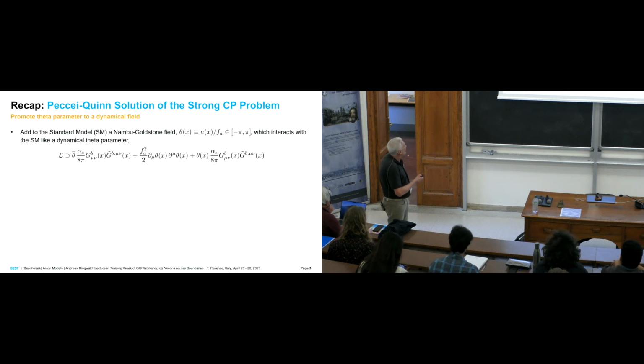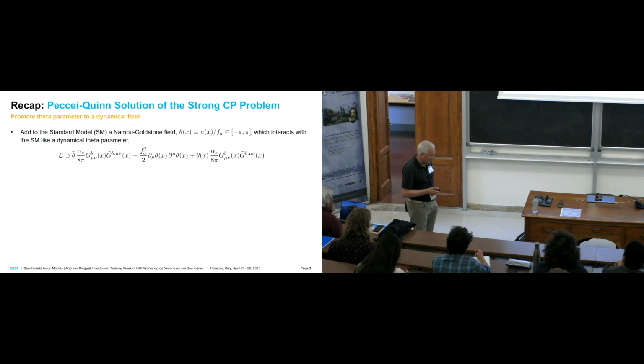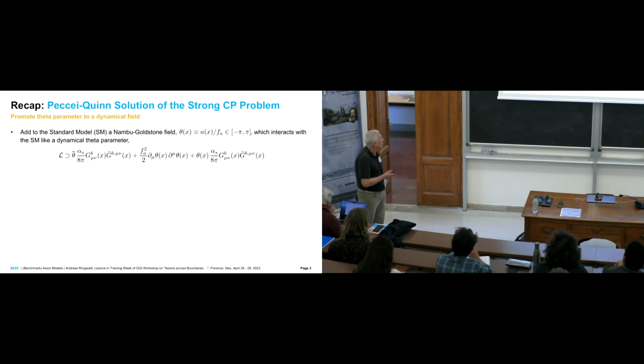In the standard model we have this theta term, theta bar times alpha_s over 8 pi times G G-dual, where G are the gluonic field strengths and G-dual is its Hodge dual.